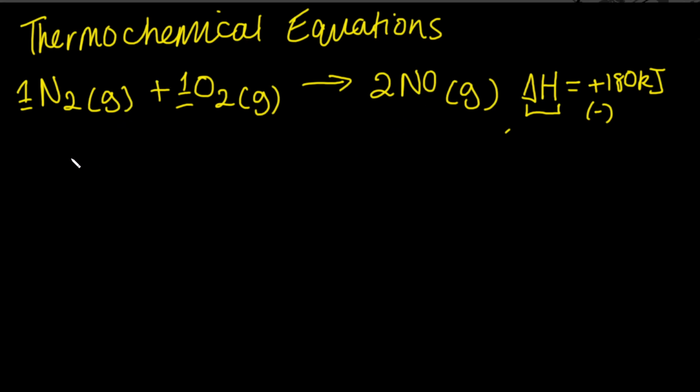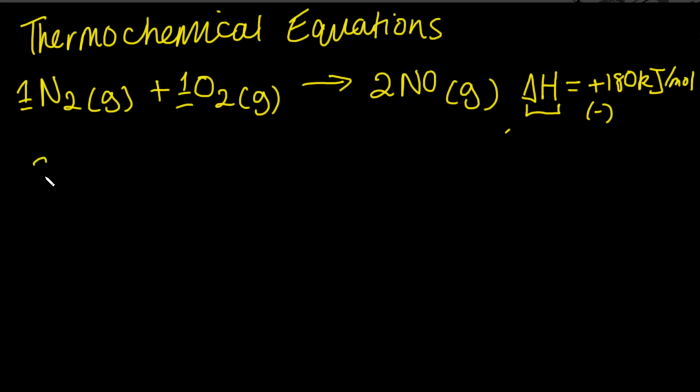Now, when we go a bit more into mole ratios, this concept is going to be solidified, but this 1-to-1 aspect means that this kilojoule value is per mole, right? And usually you'll find them per mole.